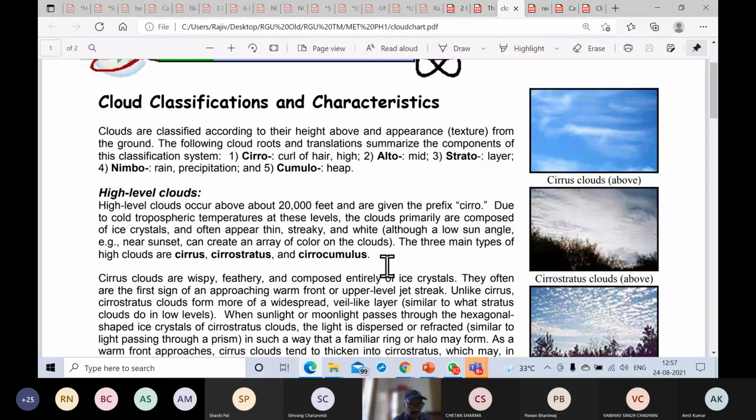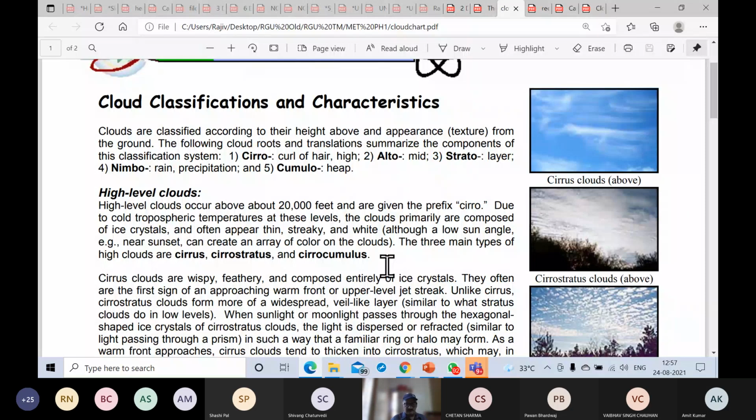So when we say high level clouds, what do we mean? We mean clouds which occur above 20,000 feet, and they are given a prefix. The prefix is cirro, C-I-R-R-O. Clouds of this kind are primarily composed of ice crystals because of the height at which they form. The cold tropospheric temperature causes the water vapor to freeze, so these clouds consist of ice crystals.